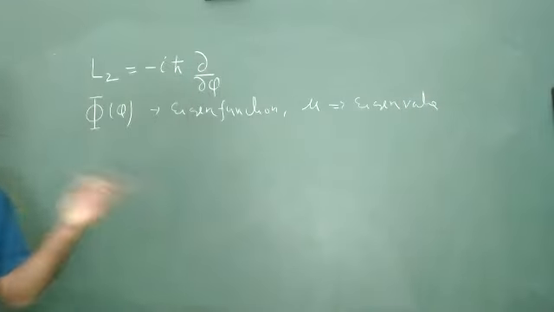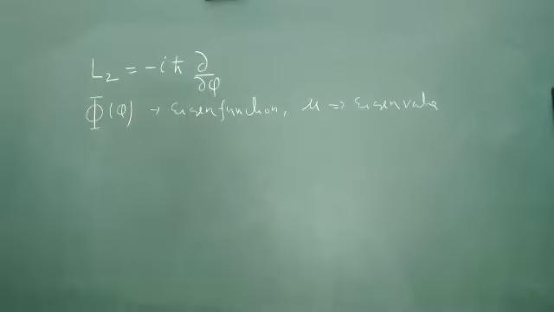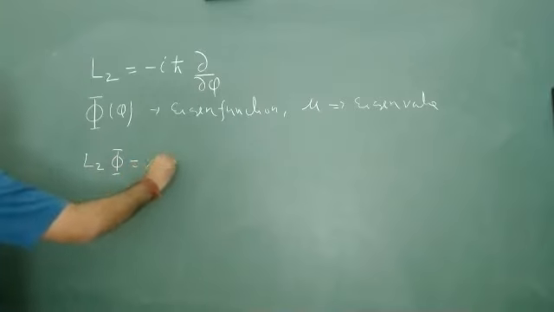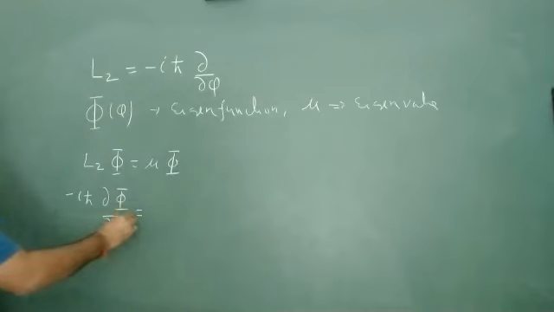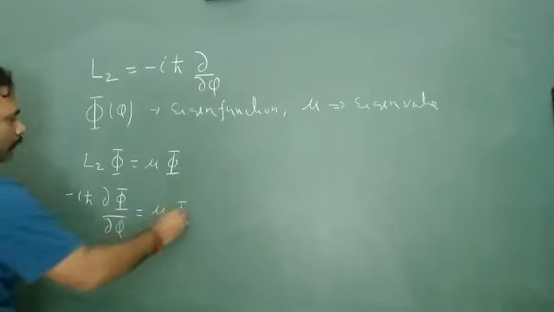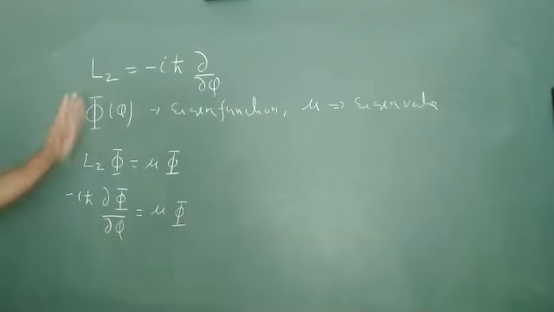And this is just the azimuthal angle, you remember. So we have Lz phi equal to mu phi. What is Lz? Minus i h cut del upon del phi, so this is the function, this is the variable, equal to mu phi. This is only a function of phi; I have just kept theta as a constant.